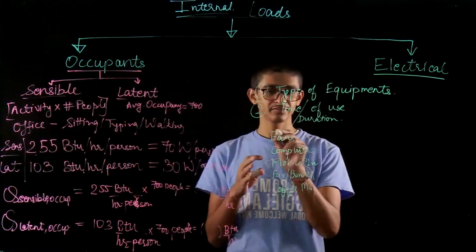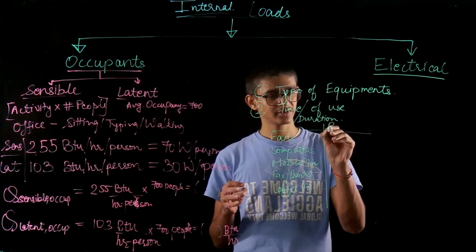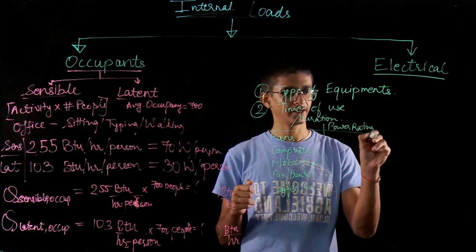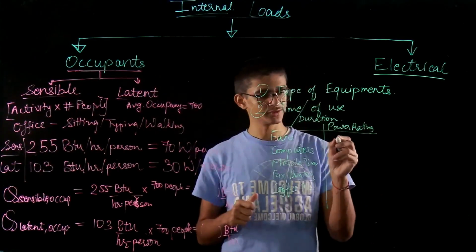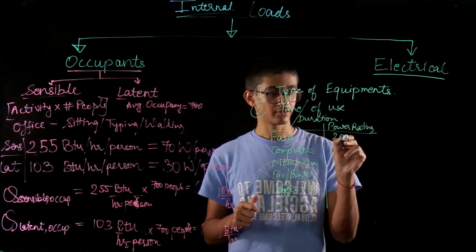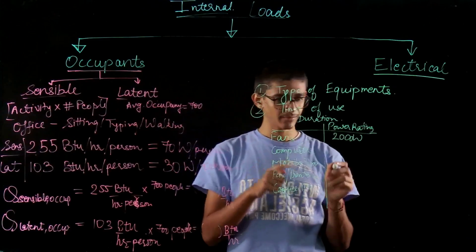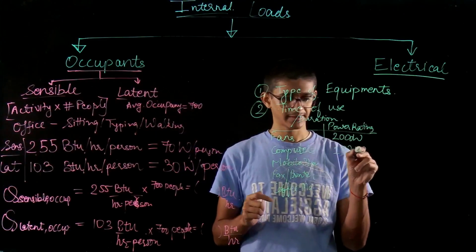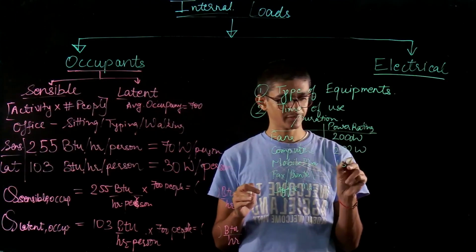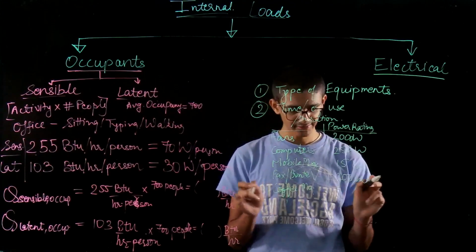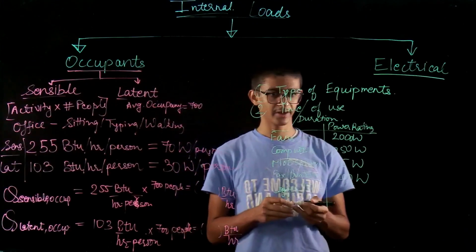What we need is the power rating of those, the rated power. So maybe the fan is using 20 watts or 200 watts or 2000 watts, maybe 2 kilowatts. Computer is using 250 watts. The mobile phone charger uses 15 watts. The printer is using 200 watts maybe. And these are just estimates. I don't know the actual values.